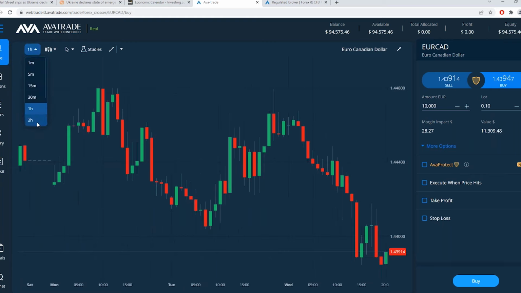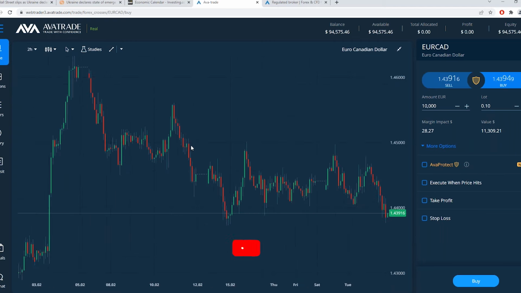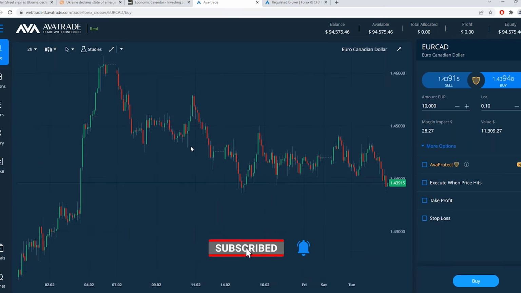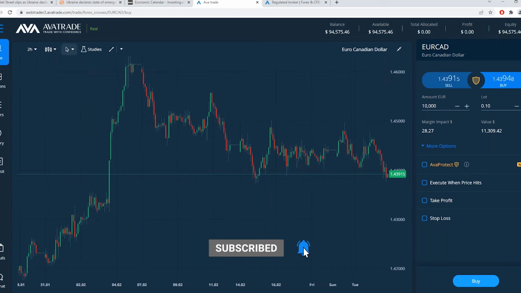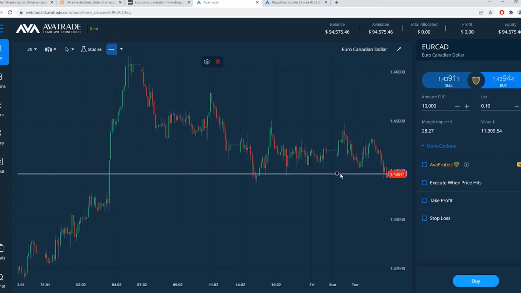So if I go to say 2-hour candles, I see that the euro has already been dropping against the Canadian. Okay, and we understand fundamentally speaking why, right? Euro has pressure because the European Union is definitely being affected by all of these stresses about potential war involving the Ukraine, and the Canadian being bullish because of expected potential price increases in oil.